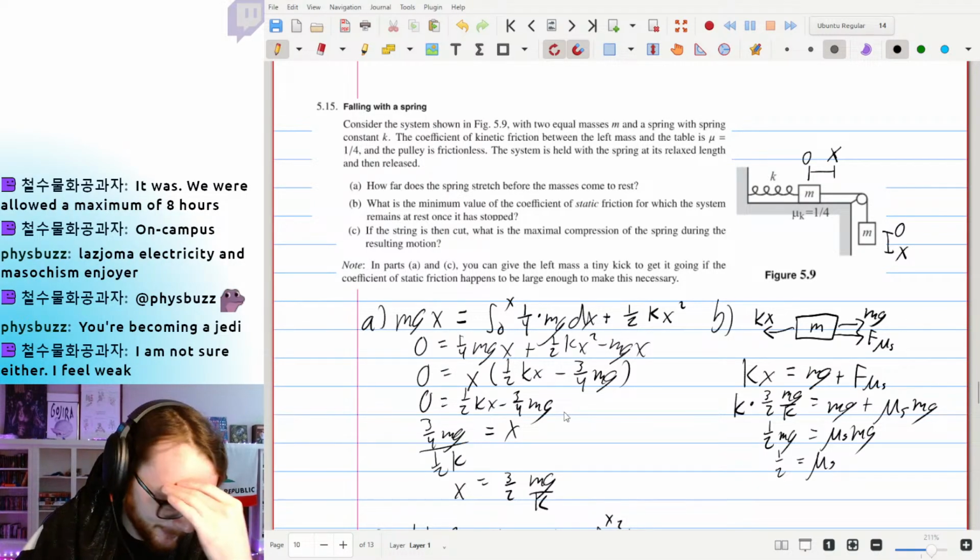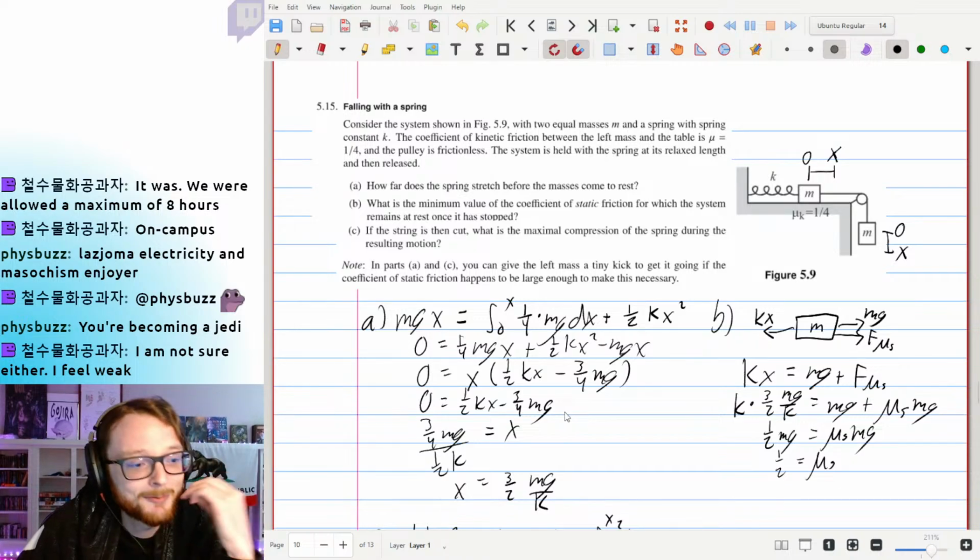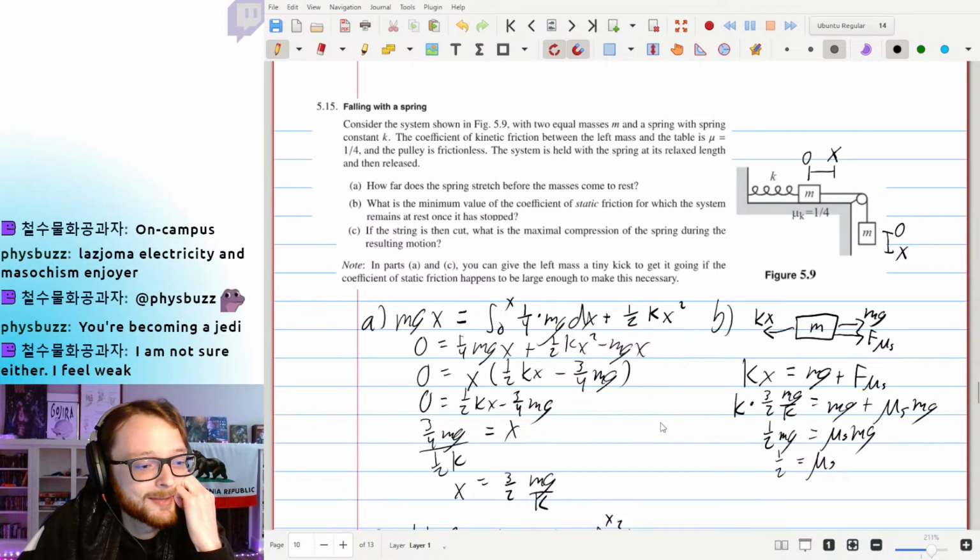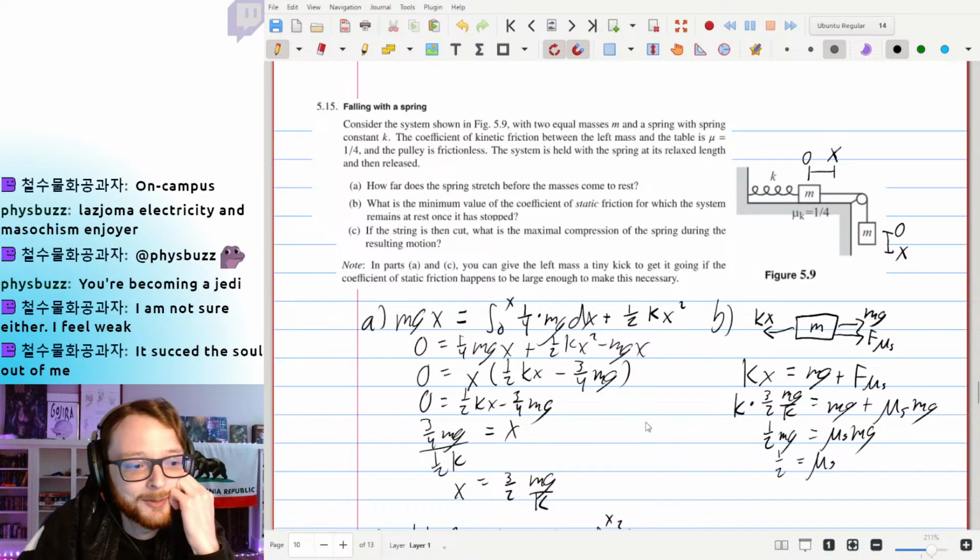They should at least split it up into multiple days or something. That's a ridiculous amount of time to have to focus for. It sucked the soul out of me. It would do the same for me.